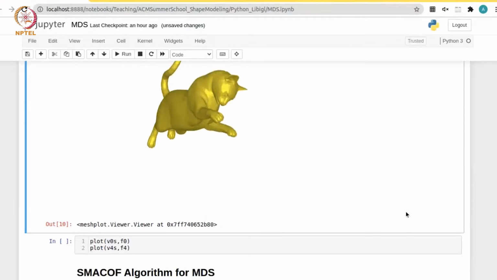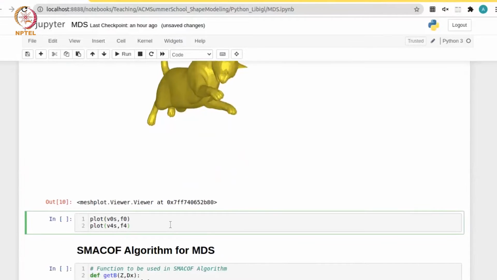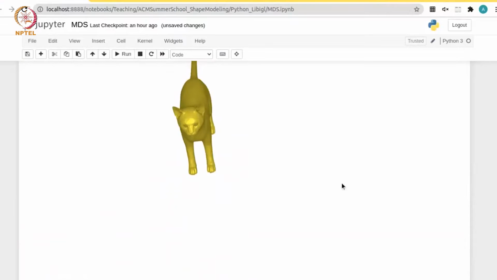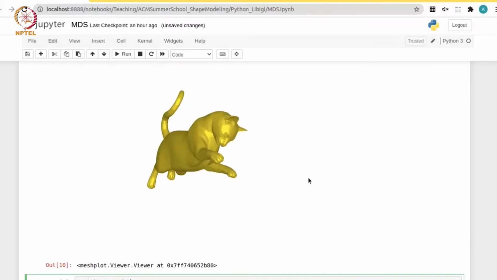And now let's see the output of the SVD based MDS method for both meshes. V0S is the MDS obtained for this particular mesh, and V4S is the output of MDS obtained for this mesh.